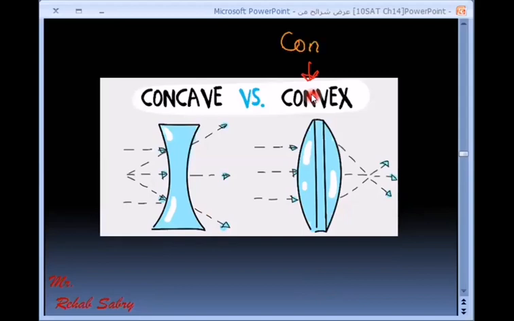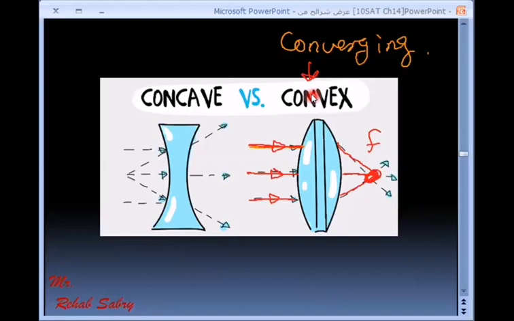So if the light rays fall on it, they will meet each other at that point that we will call a focus. But this is the right focus. We will have another focus on the left-hand side. So we have two foci because we have two faces. So we have two centers of curvature, we have two foci, and so on.